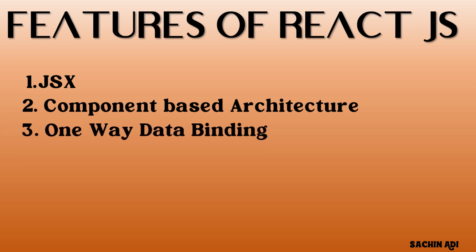Now, the third feature of React JS is one-way data binding. The data is transferred from a parent component to a child component. That means data flow is in one direction, from parent to child.